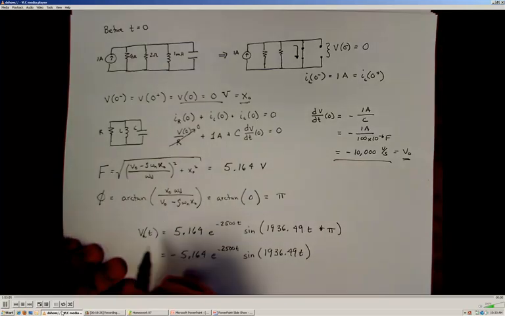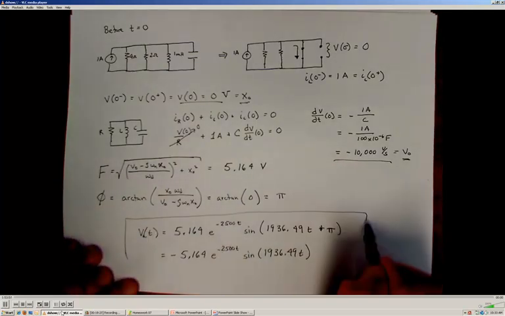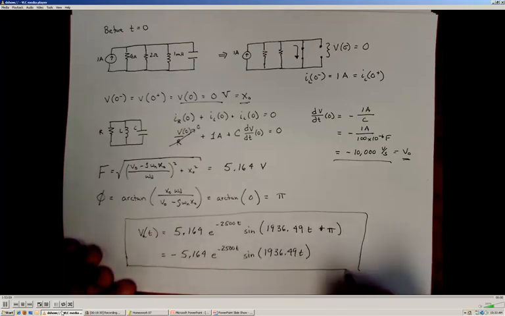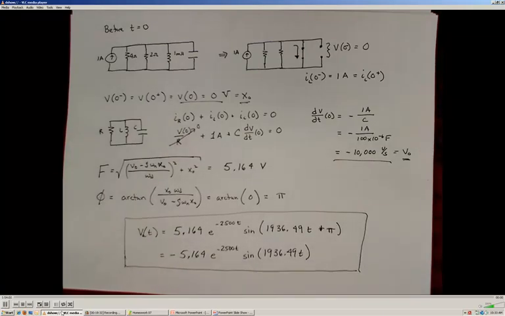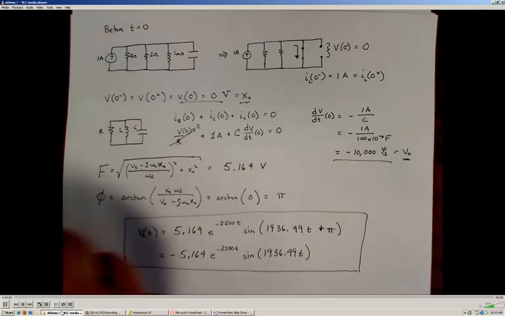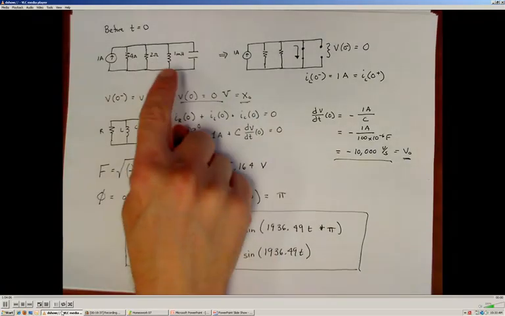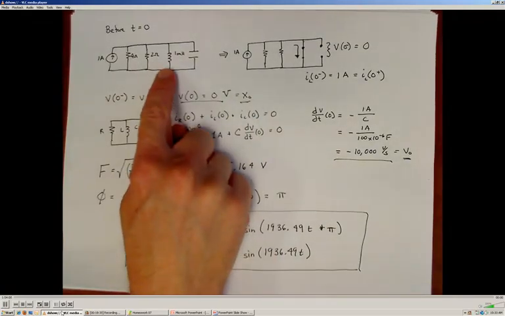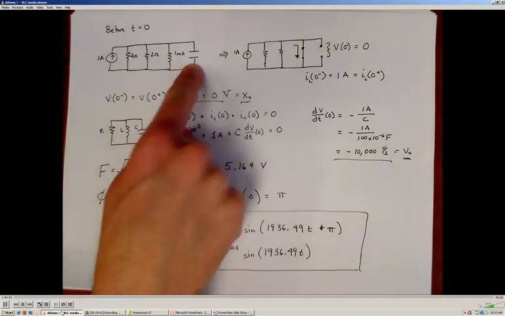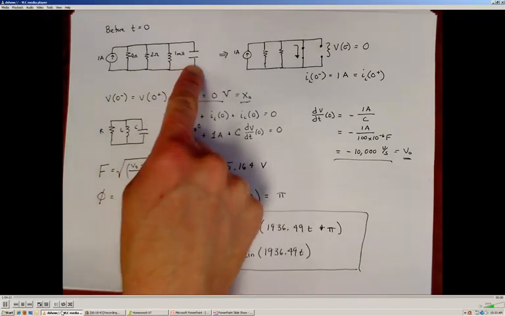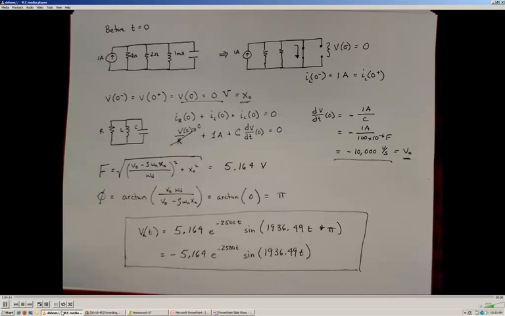Okay, so this is the complete solution that tells me how the potential across the parallel elements, the 2 ohm resistor, the 1 millihenry inductor, and the 100 microfarad capacitor, is going to change as a function of time.